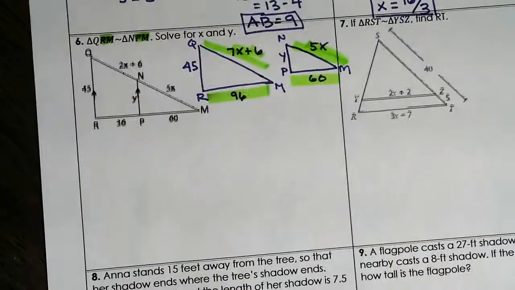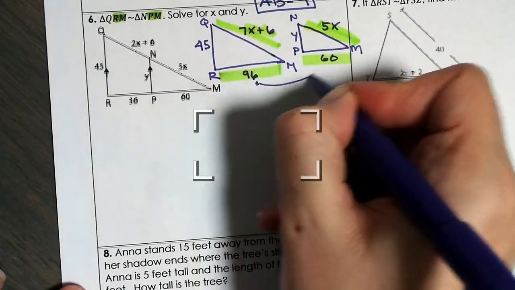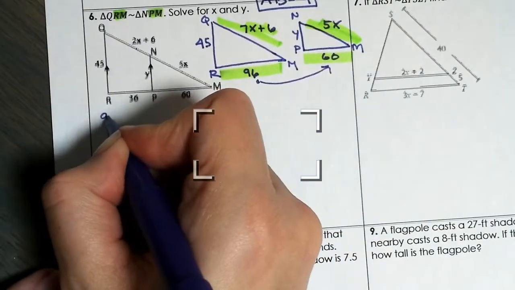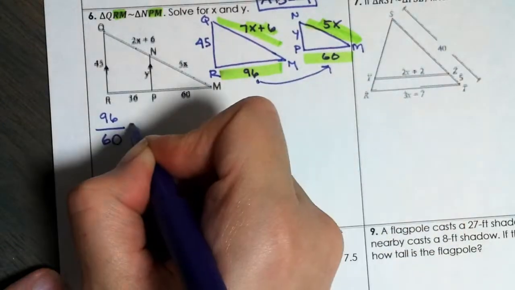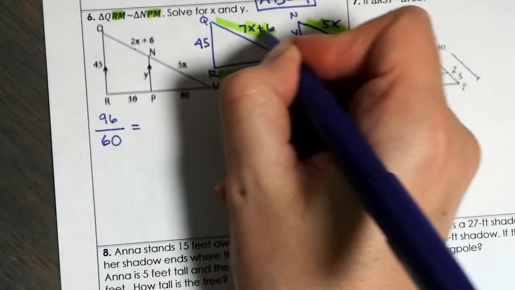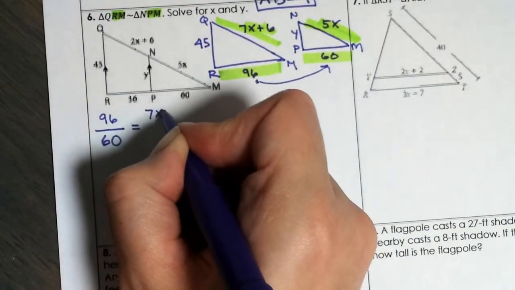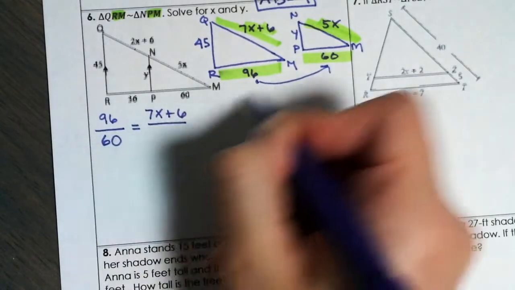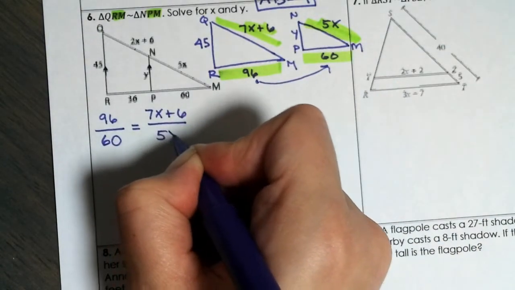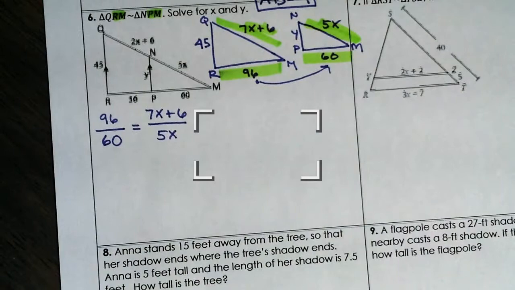So let's start there. So I can say that 96 over 60, remember whatever triangle you started with first on top, that's what you want to keep. So now I'm going to say 7x plus 6 over 5x. So again, we're going to cross multiply. That first lesson on cross multiplication is super important.